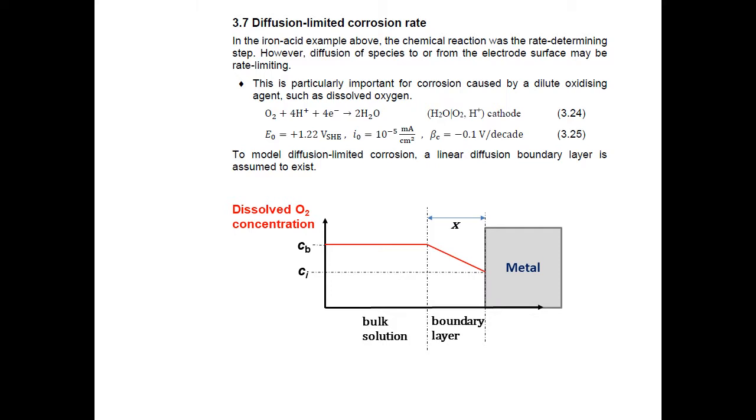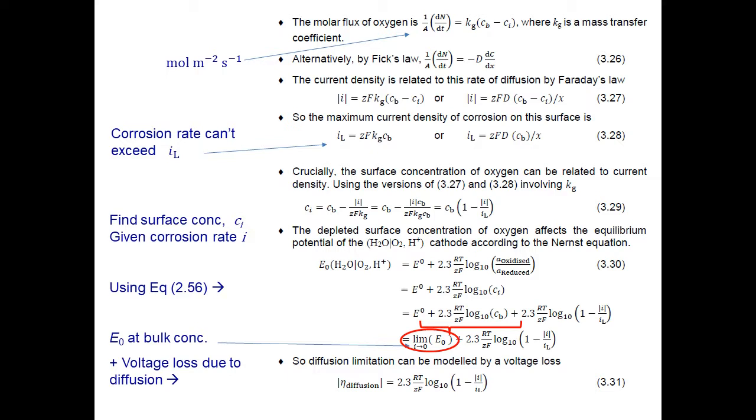So this is the concentration C when you have some current density of corrosion small i, and this is depleted relative to the bulk by some amount which accounts for the net rate of diffusional supply of oxygen, which you can imagine happening by Fick's law diffusion or by linear mass transport coefficient.